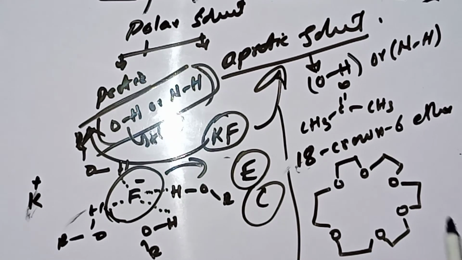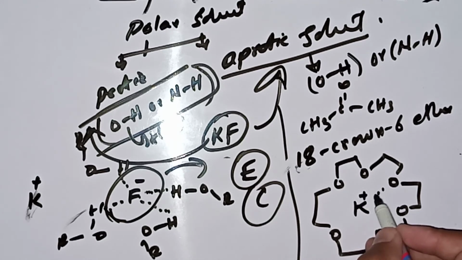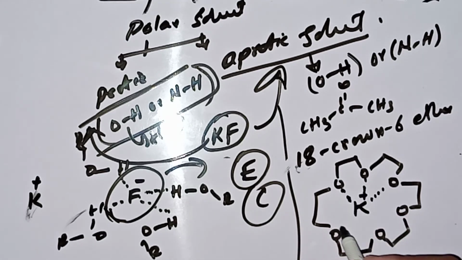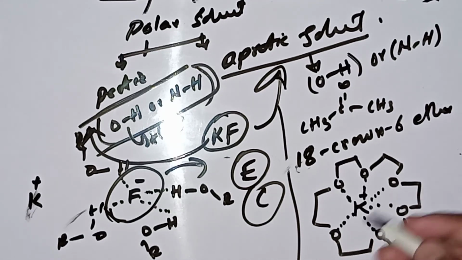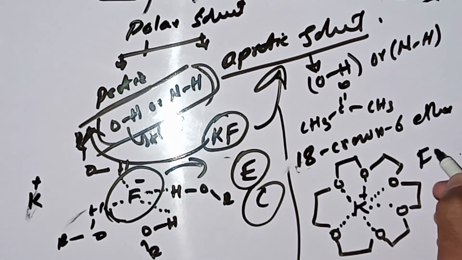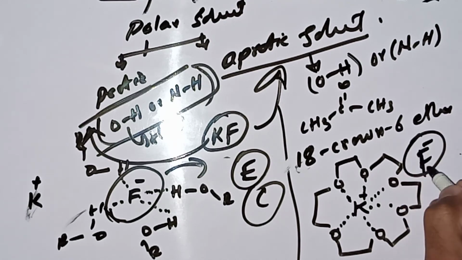So in this structure, when you use KF, the potassium plus will be completely held by this ether. When they are completely dissociated in the solution, only the fluoride ion remains, with no solvation, completely free.